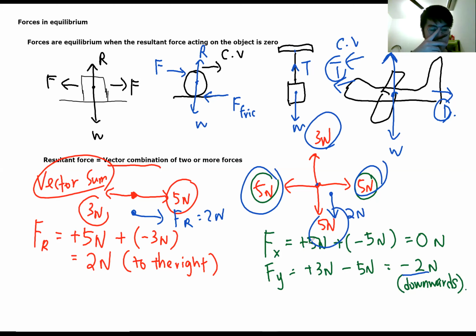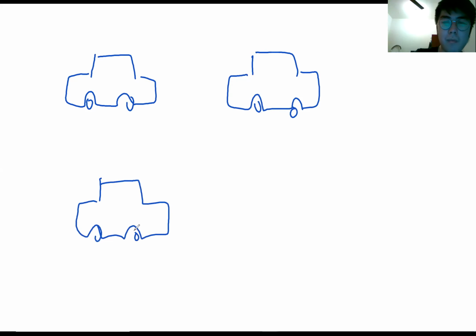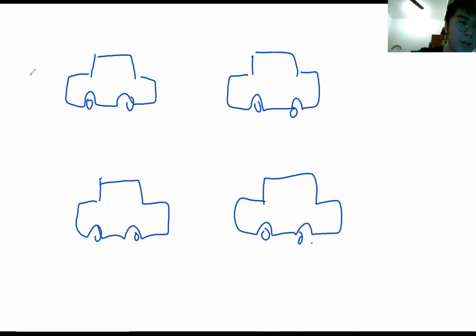Okay, now this one. Let's look at another one. This one should be no problem, just to get familiar with it. Right now, let's say you have a car here. You have four cars. The first one, F1 and F2 and F3.